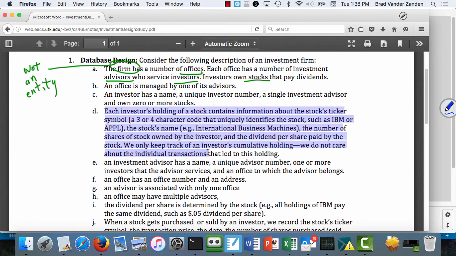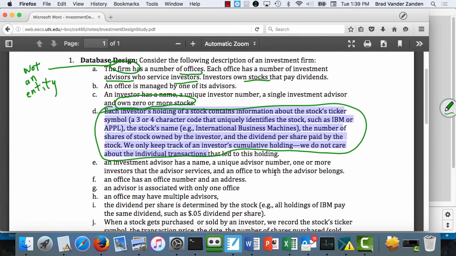So this right here and this right here are talking about the same thing, that an investor can own some number of stock. So D is simply elaborating on that relationship and telling you about the attributes of the relationship. Okay.